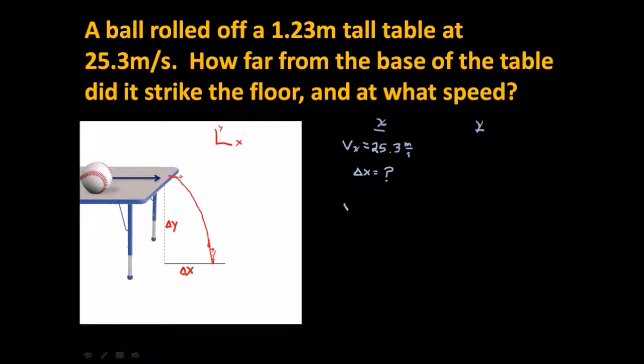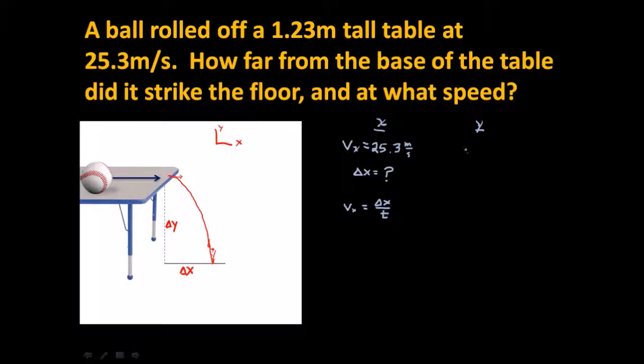We learned it as velocity, in this case in the X direction, is going to be displacement divided by time. There are only 3 variables involved because there is no acceleration, but we don't know 2 of them. We don't know the displacement, we don't know the time. That's a problem until we get over to the Y direction.